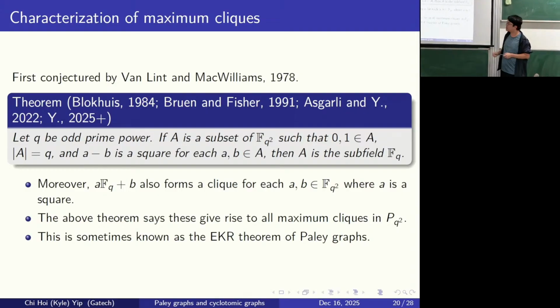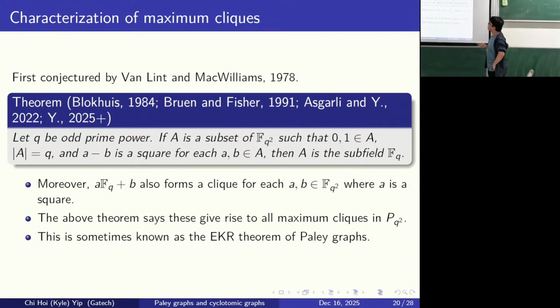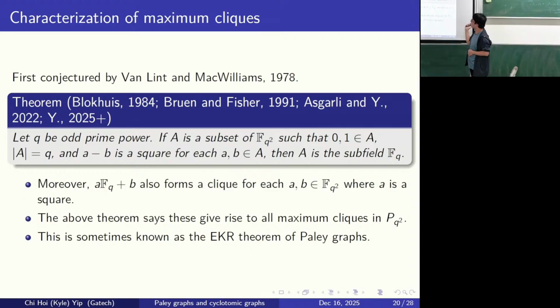So that's precisely the conjecture, and this was first proved by Blokhuis in 1984, and later Sziklai provided a different proof. A few years ago, my collaborator Chi Hoi Yip and I provided a new proof, and earlier this year we provided another new proof, which extended to a more general setting that I will talk about in the next few slides.